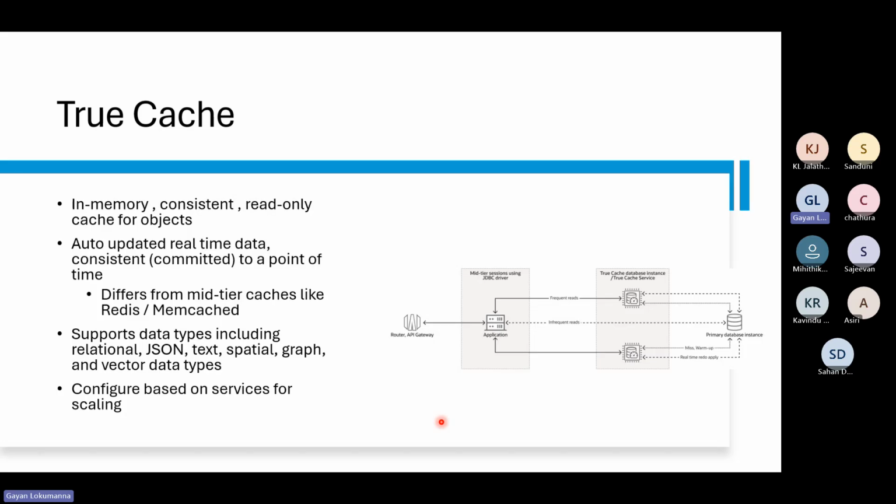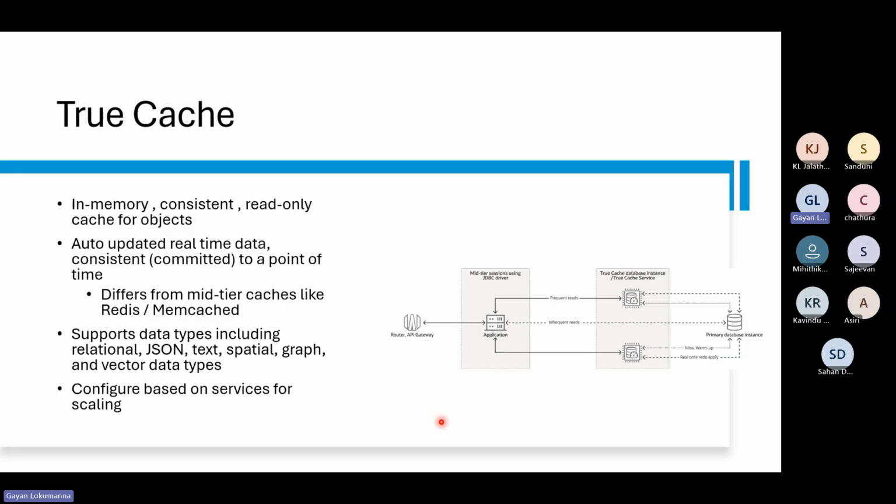Then you can define what is to be cached. The data that you retrieve will be first cached onto this true cache. The content that you have in the true cache is read only. So whenever you make a read request, it can simply be taken from the cache.